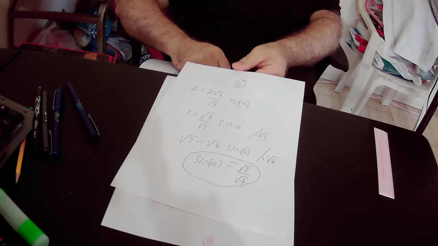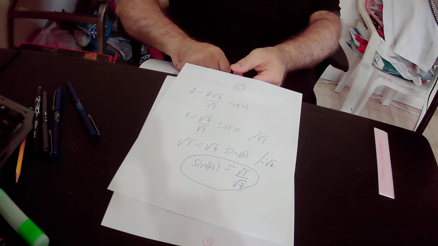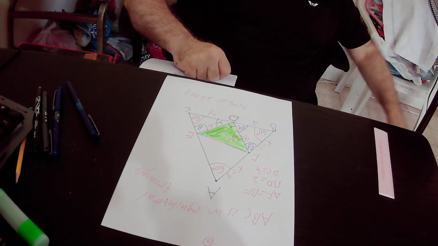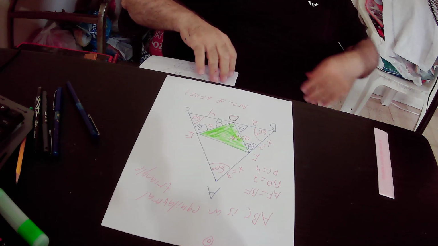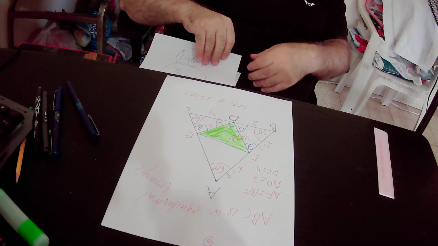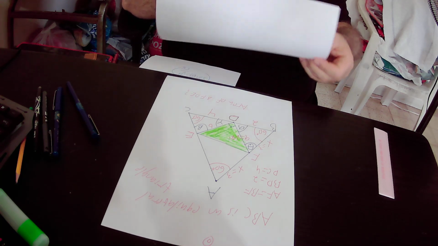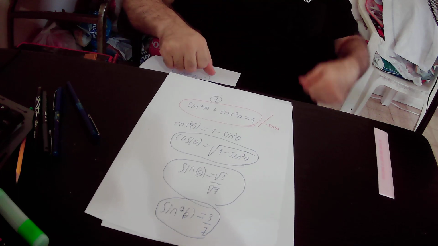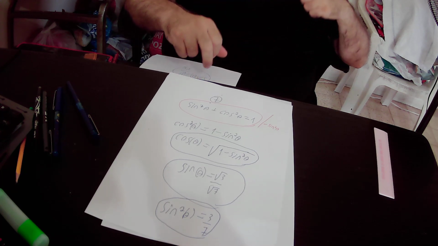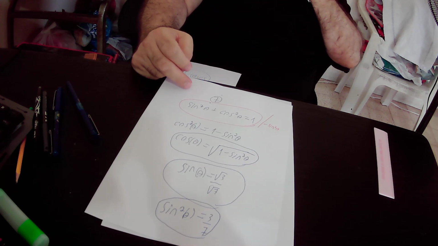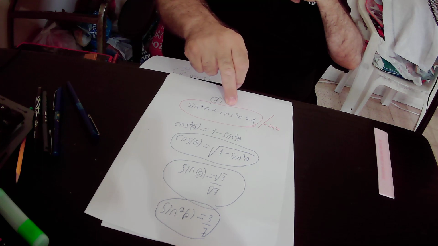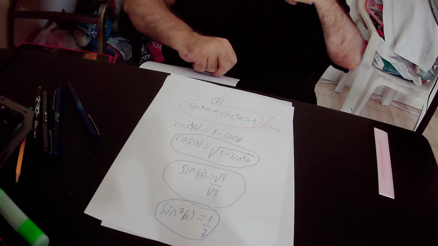Then, in order to find the value of cosine theta, we use the trigonometric identity. Our first trigonometric identity states that sine theta squared plus cosine theta squared equals 1.